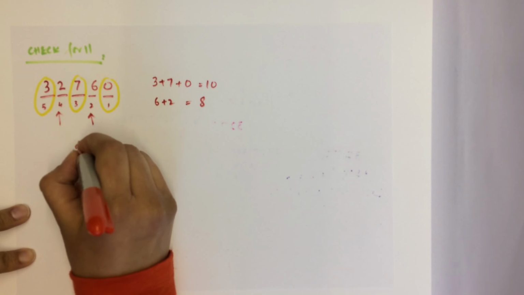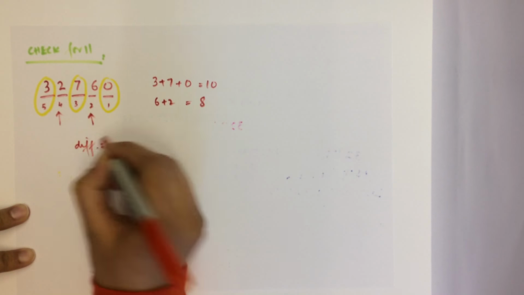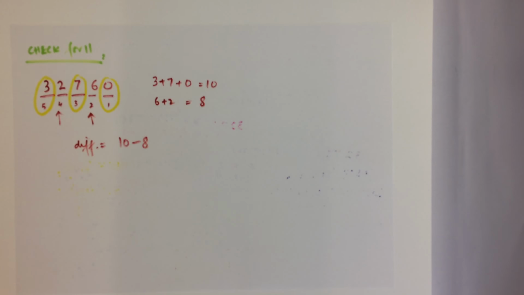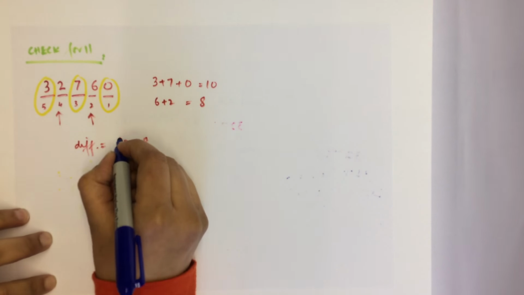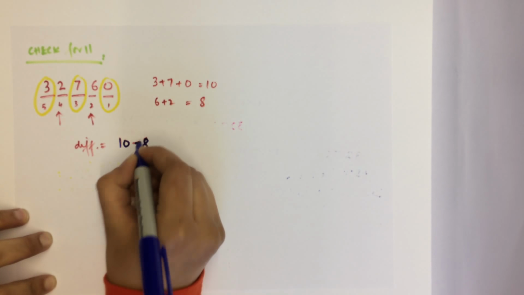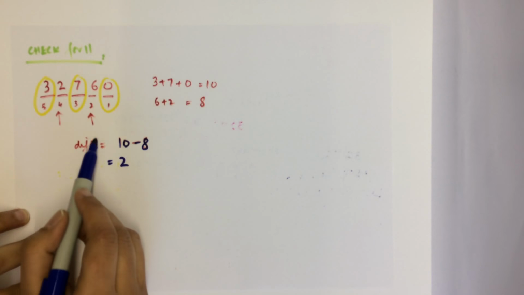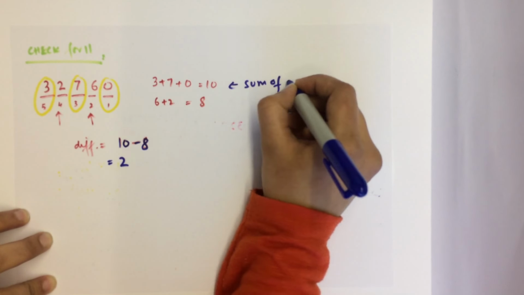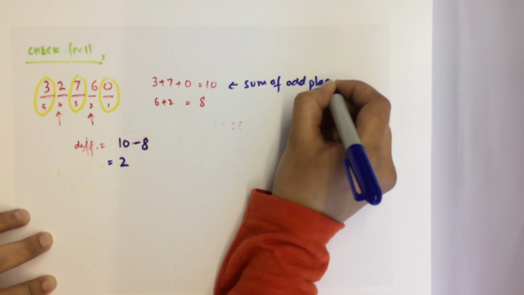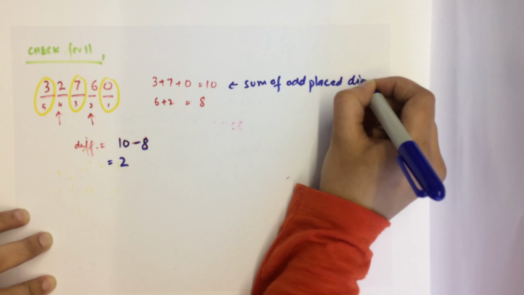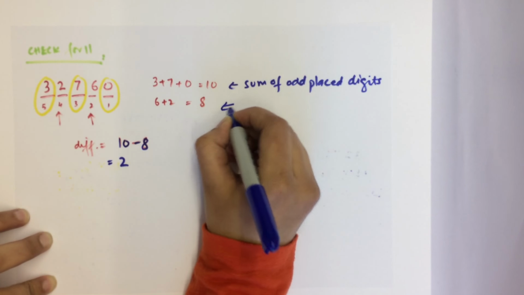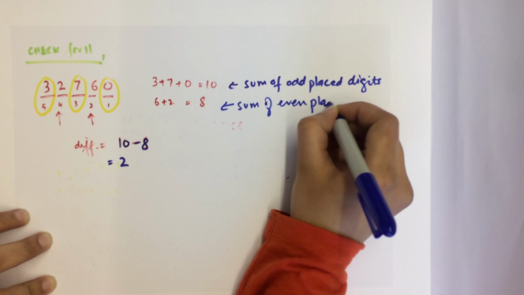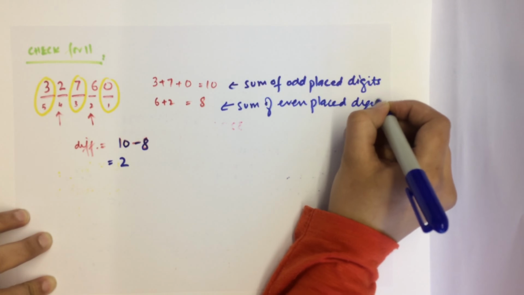Now the difference of these sums is 10 minus 8. What is 10 minus 8? It is 2. So the difference of both sums, this was the sum of odd placed digits, and this was the sum of even placed digits.